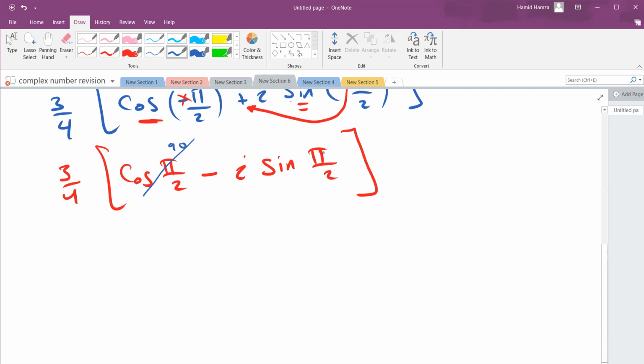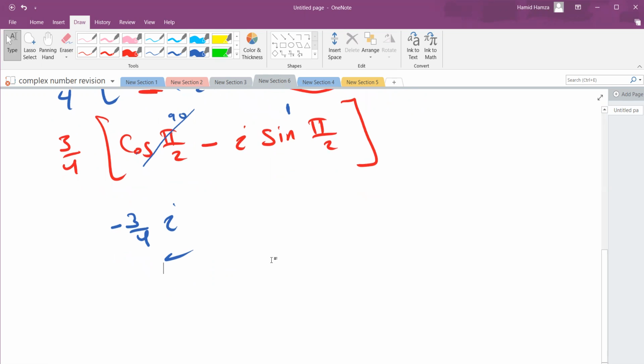Sine 90 is 1. And then we multiply, it will be negative 3 over 4 i. This is in rectangular form, and the answer here is a pure imaginary number. There is no real part.